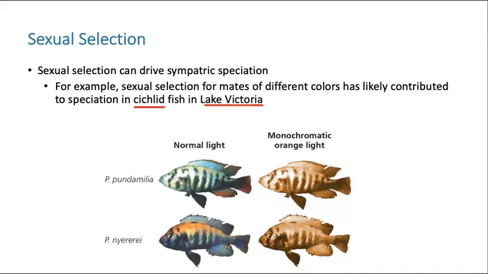And so in the monochromatic light, these two fish do mate with each other, and they do produce fertile offspring. But under normal conditions, they don't. So remember the definition of the biological species concept. These two would not mate with each other. They have a reproductive barrier, in this case a behavioral barrier, and so they have evolved to become more and more different from each other.